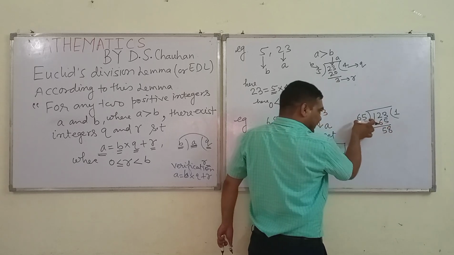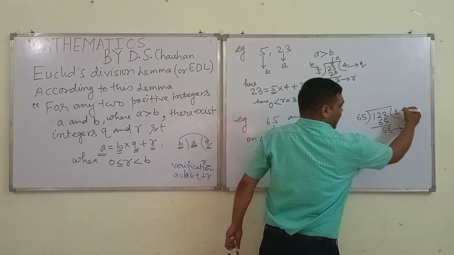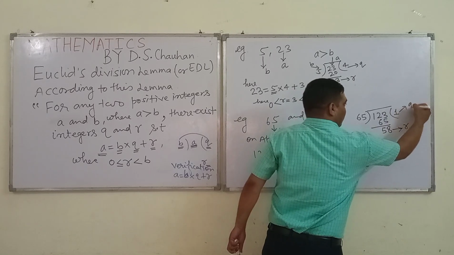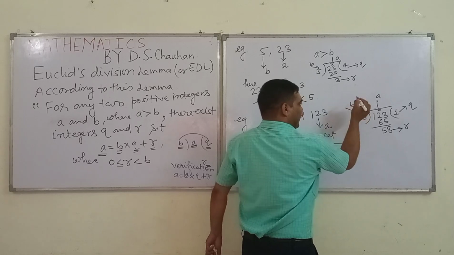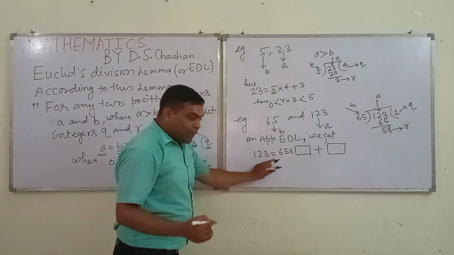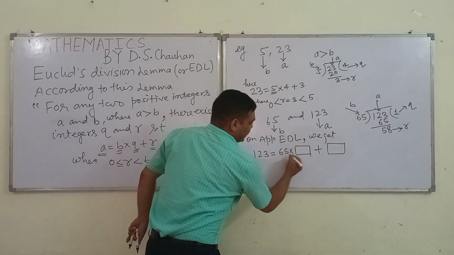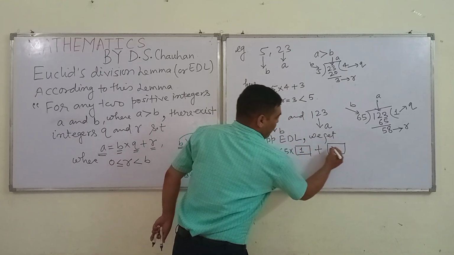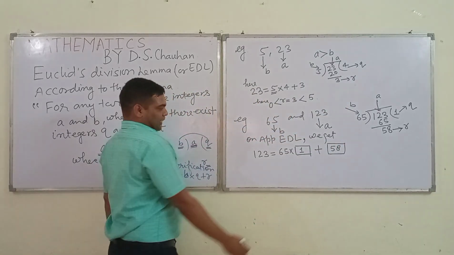Well students, this is smaller than this divisor, so the role of this will be as a remainder and the role of this will be as a quotient, and this one is the dividend and this one is the divisor. So now 123 can be expressed as 65 into 1 plus 58.